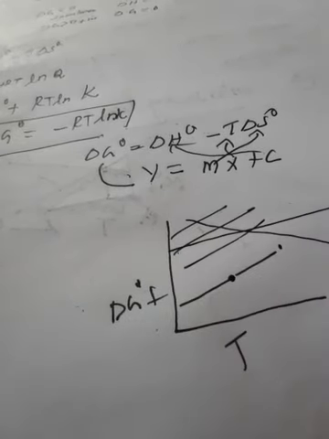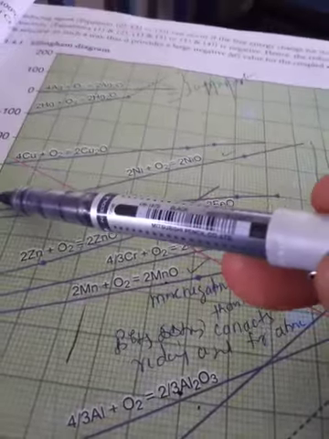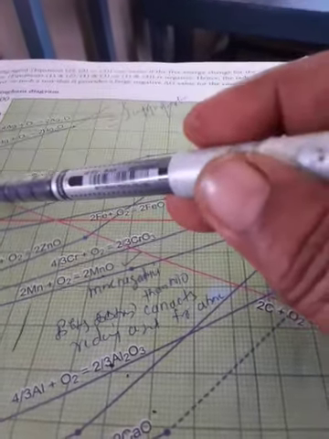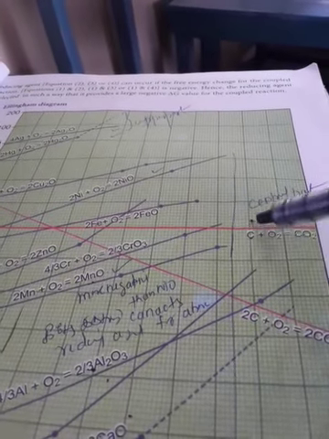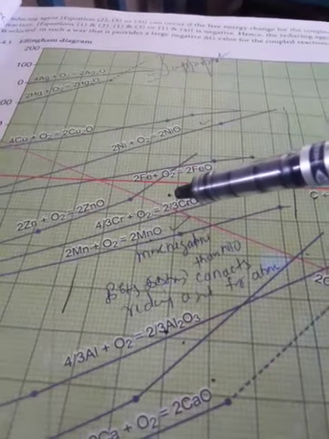Only one line is different. For example, in the book you see two red lines, one straight and the other going down. The delta G naught value becomes more negative only for carbon. For other metal oxides, all are straight.